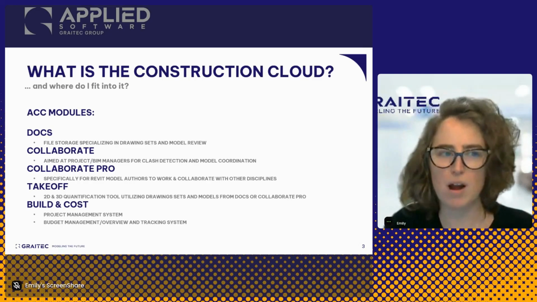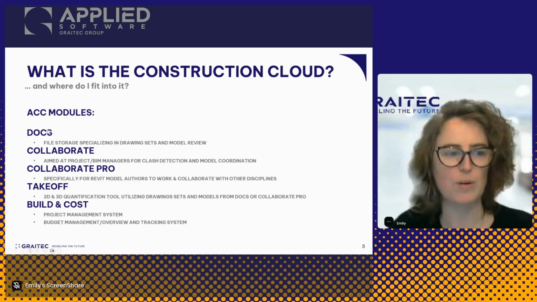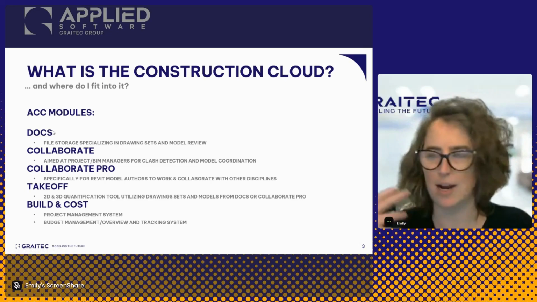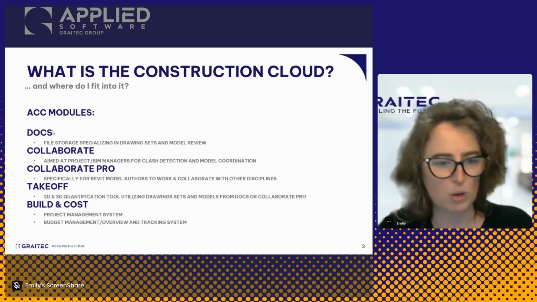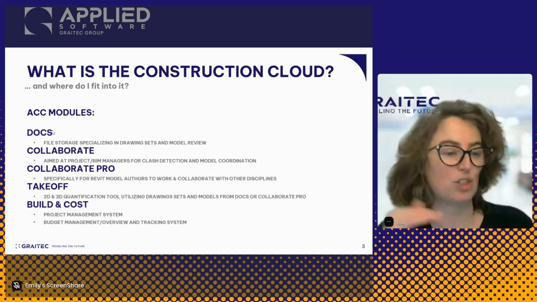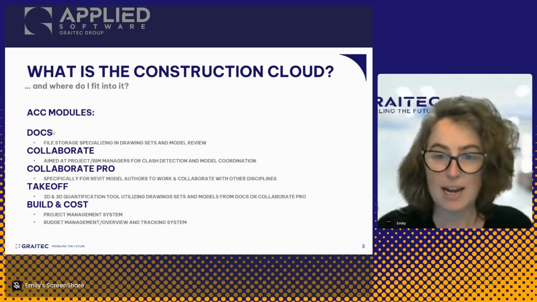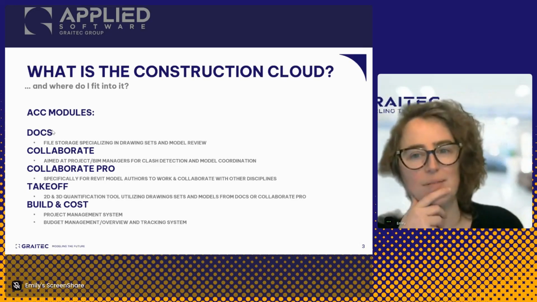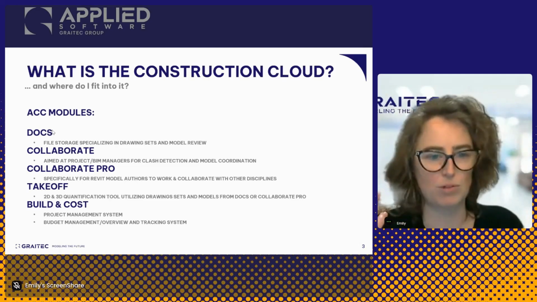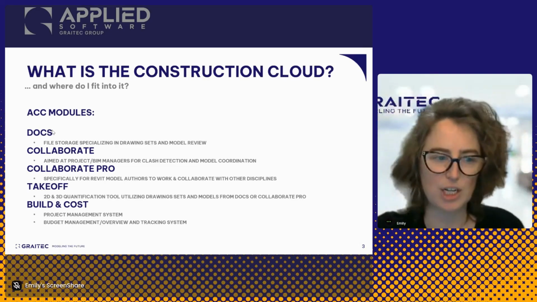All right. So if you are new-ish to the Construction Cloud, there's a lot of elements to it. We start at Docs with our base level platform. That's file management, transmittals, submittals, model review, markups. We go up a couple of levels to Collaborate and Collaborate Pro, which start to bring in design elements from our Revit side, so we can bring Revit models into the cloud and use the documents created from those models for all of the other things, like back in Docs and the file review, the clash detection in Collaborate.